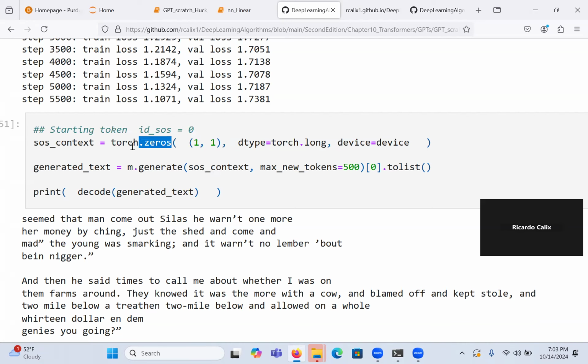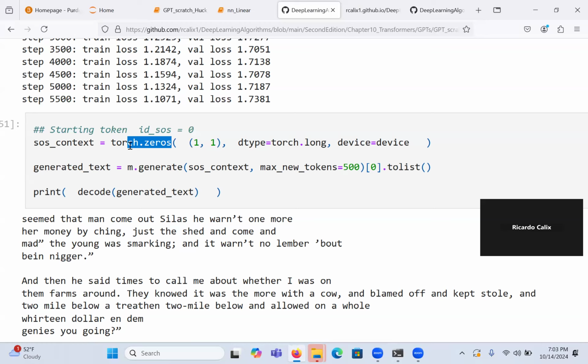Because I'm creating a tensor of zeros of size 1 by 1, where 1 is the batch size, because my model works with batches. So I'm just giving it 1 by 1, and the value in there is 0, which is the equivalent of token ID 0. Whatever that letter is in the encoder, that's the starting point, and it's just going to start creating from there.